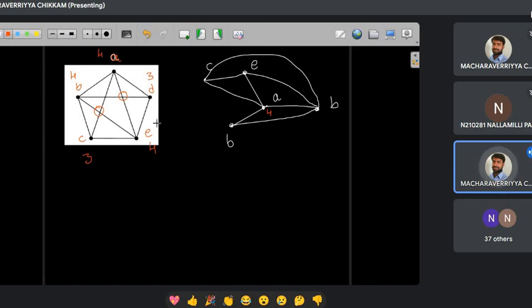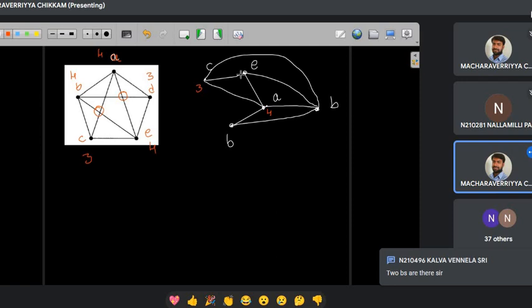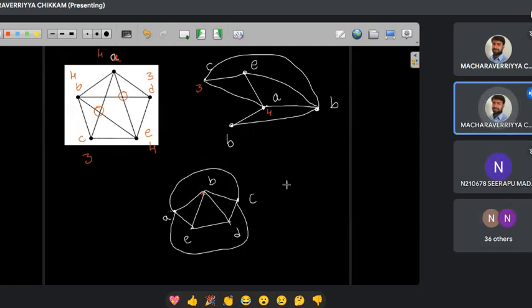Now let me see the degrees. The degree of C is 3 now, and the degree of E is supposed to be 4. 1, 2, 3. So what else is missing? E is adjoined with B also. I'm having trouble here. Okay, there is AD also.